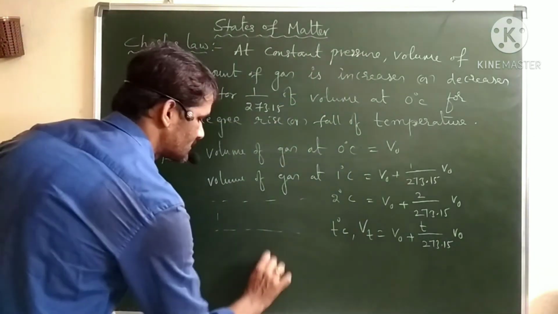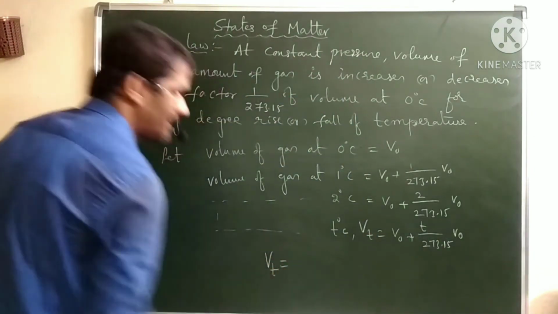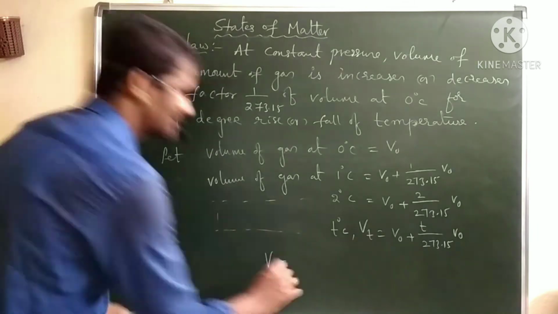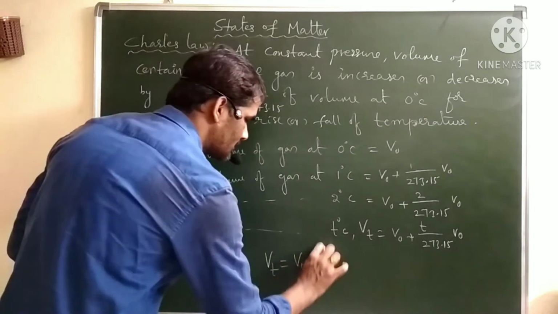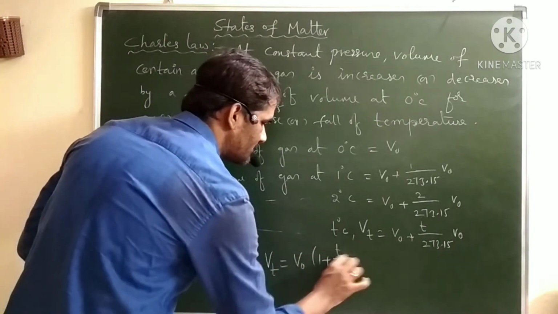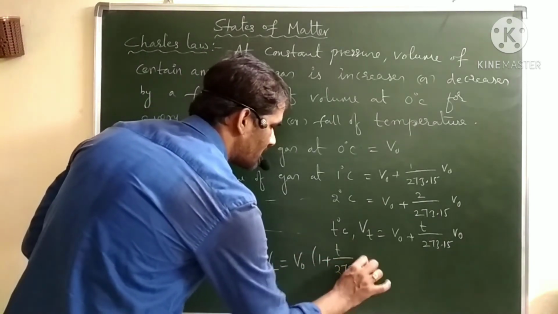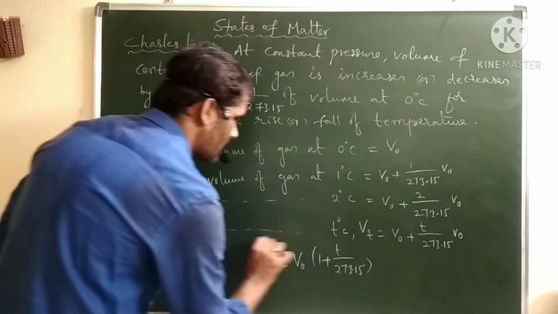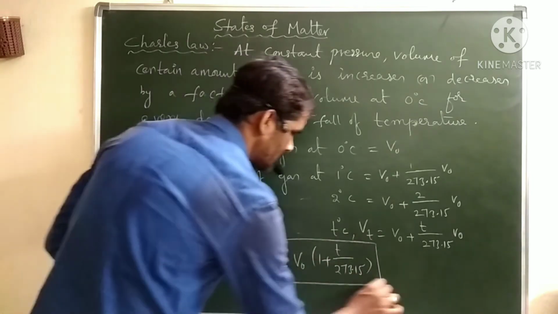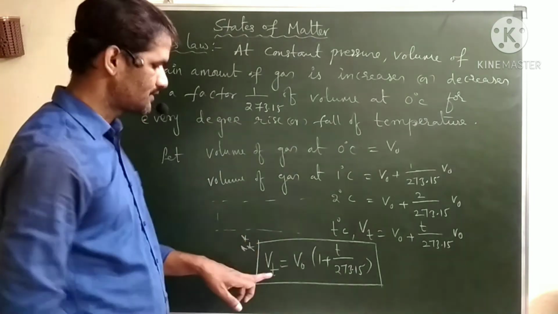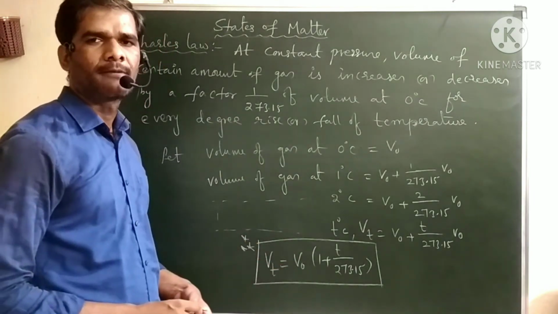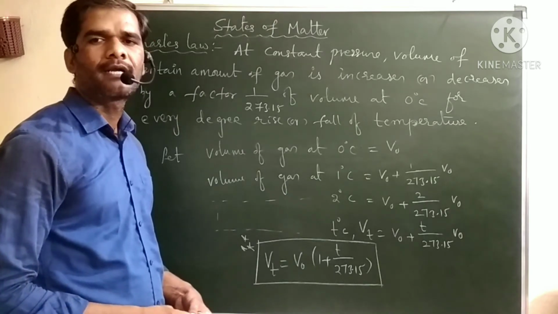So the volume of gas at temperature T is the volume at 0 degree centigrade into 1 plus T by 273.15. And this is another form of Charles law: Vt is equal to V0 into 1 plus T by 273.15.